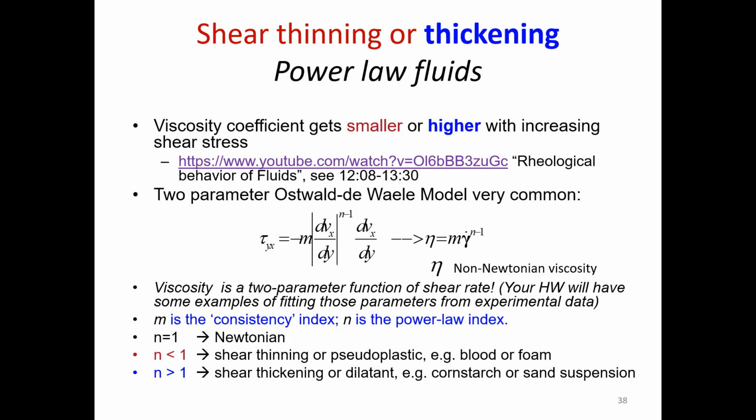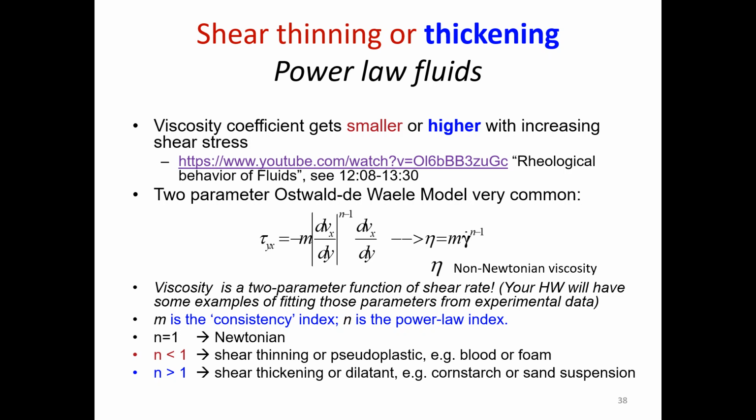Now for power law, my tau yx is minus m gamma dot to the n minus 1 times gamma dot.